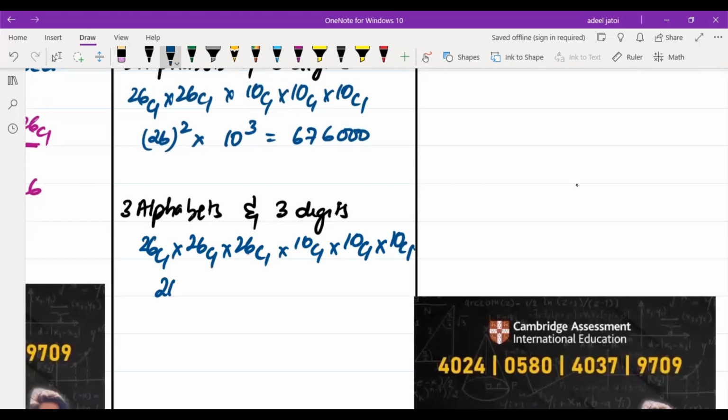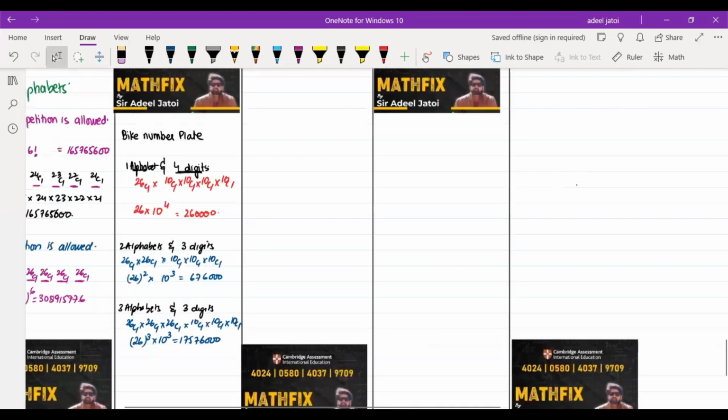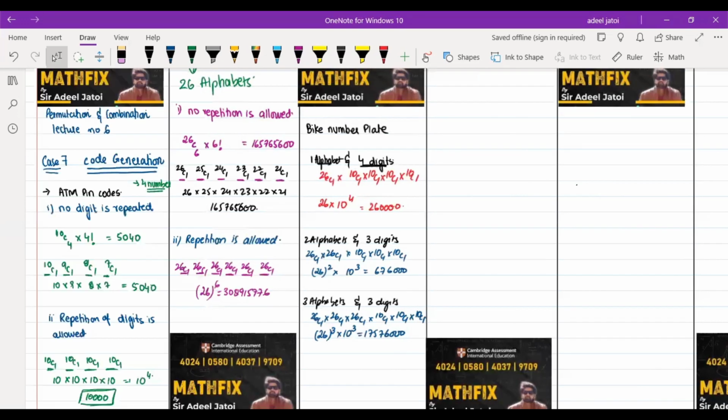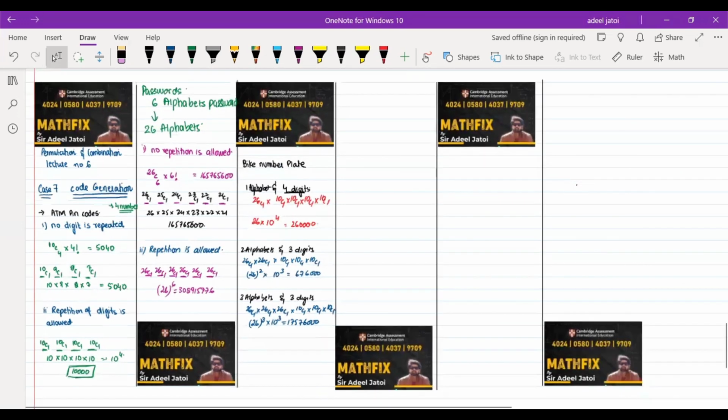So this is 26 to the power 3 into 10 to the power 3, which means 17,576,000 will be the number of codes we can get. So this is the code generation. If we work upon the PIN, password, or bike number plate, even the car number plate can be another example of such codes.